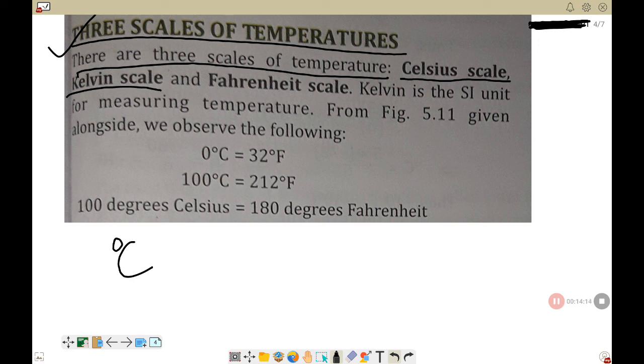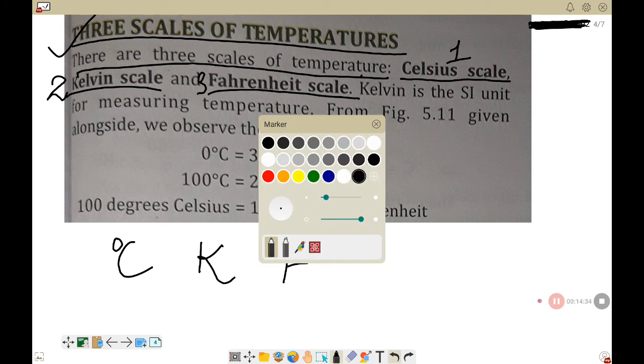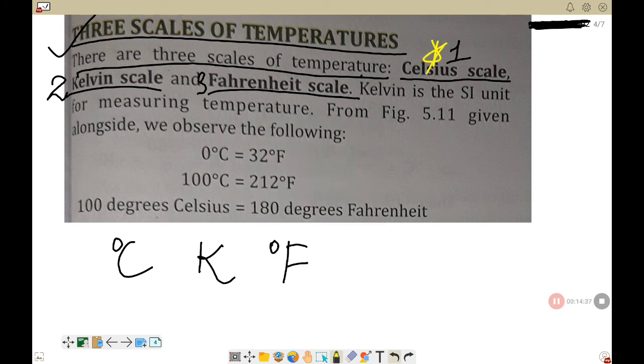Kelvin scale, from which we get Kelvin. Fahrenheit scale, from which we get degree Fahrenheit. So how many scales are there? Number 1, Celsius scale. Number 2, Kelvin scale. Number 3, Fahrenheit scale. So please underline this. Now from here mark these three scales, and underline that Kelvin is the SI unit for measuring temperature.